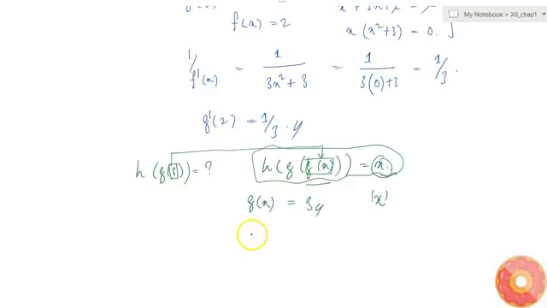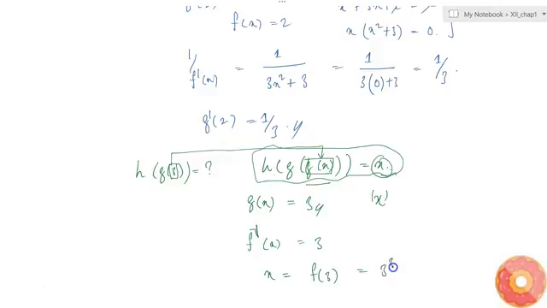We know that g of x is equal to f inverse of x, so we can write f inverse of x equal to 3. So x is simply f of 3.